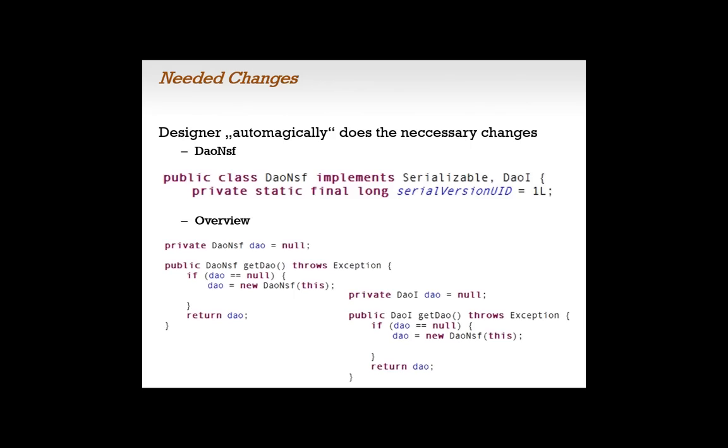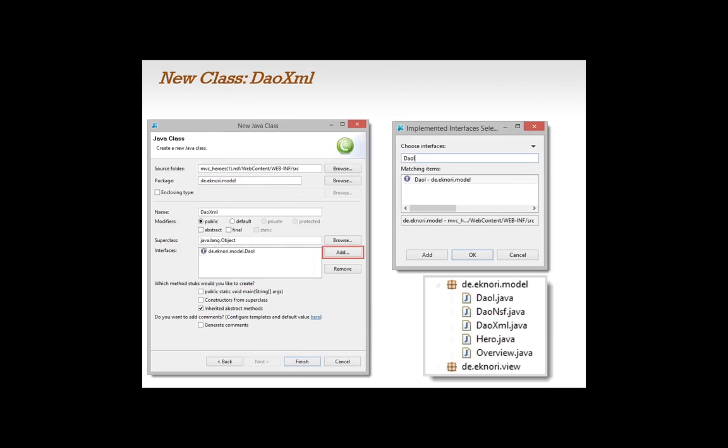without any further changes. So now we have the interface, and now we want to create a new class, which is the DAO XML class.